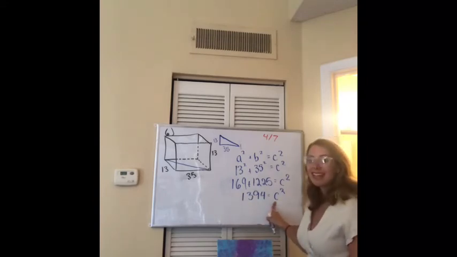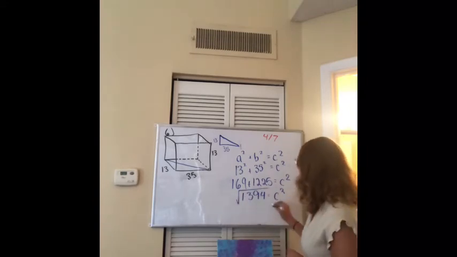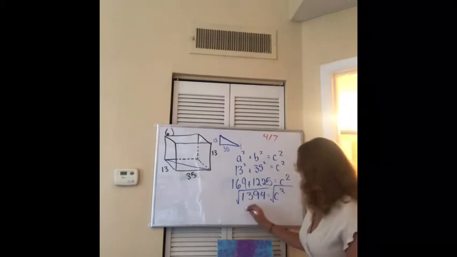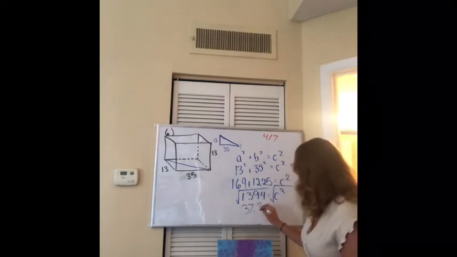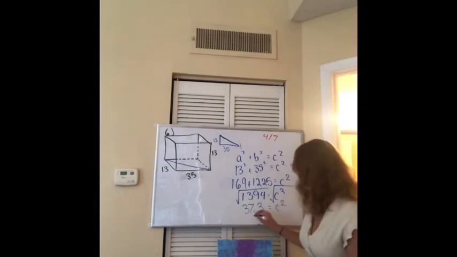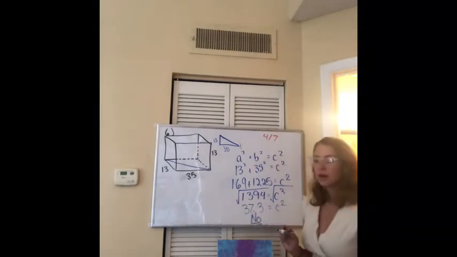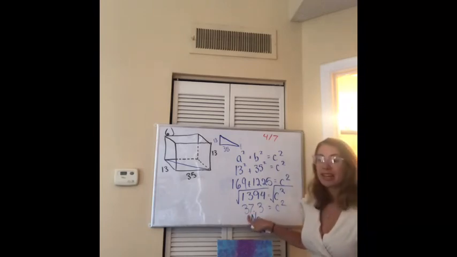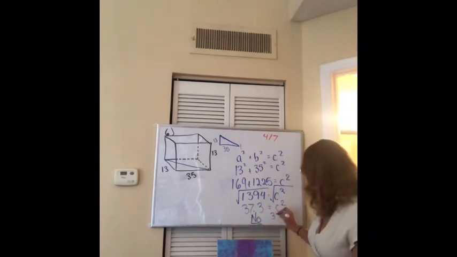In order to find c, I take the square root of both sides, and I end up with 37.3. So her baton would not fit because 37.3 is smaller than 38.